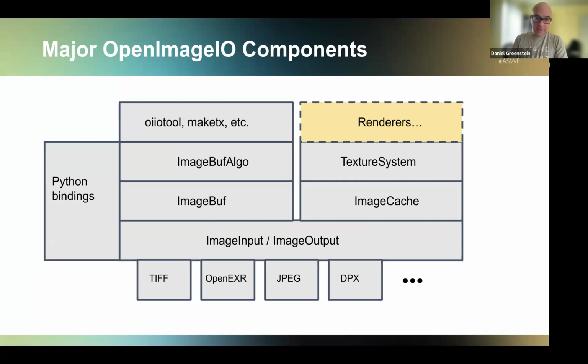All of it wraps a variety of image types with a common API that abstracts the format from you. And there are very comfortable Python bindings that allow you to author it all either in C++ or in Python. Let's move to the next slide.